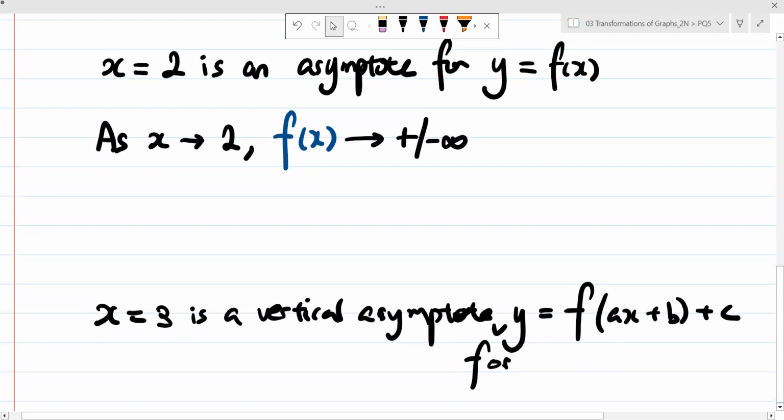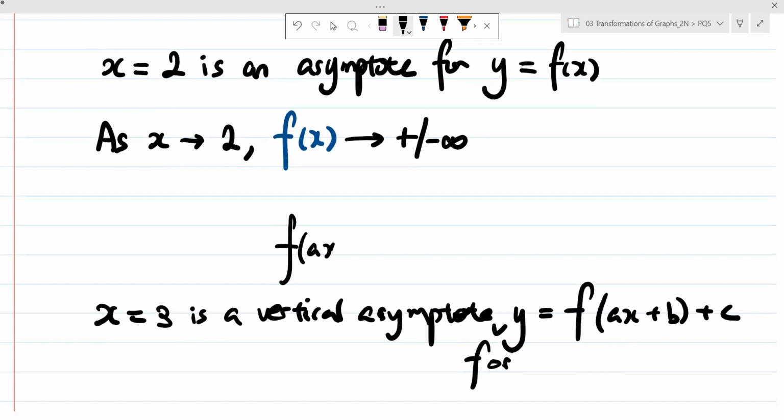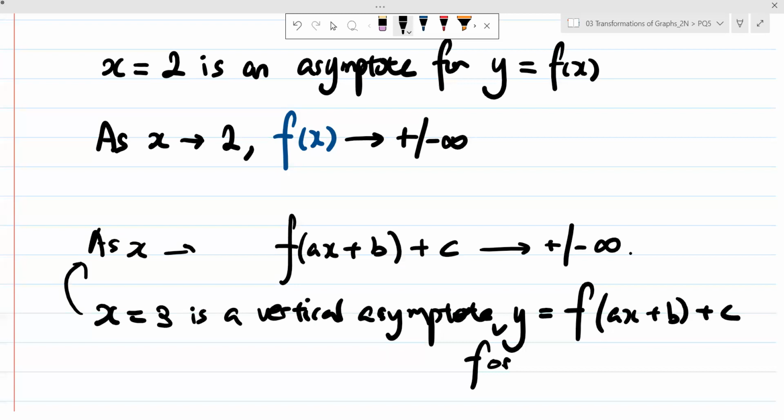I am asking myself this question. Or rather, not asking lah, but this is telling me this: as x approaches c, f(ax plus b) plus c approaches either positive or negative infinity.